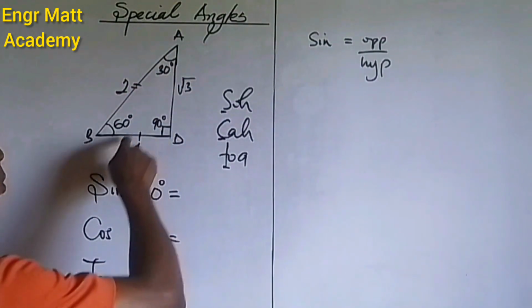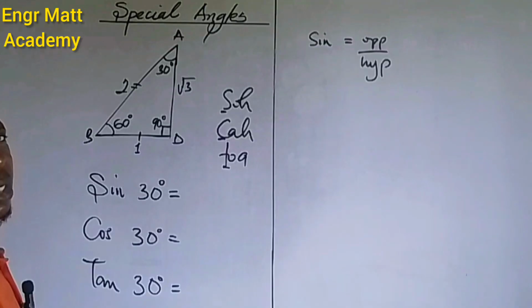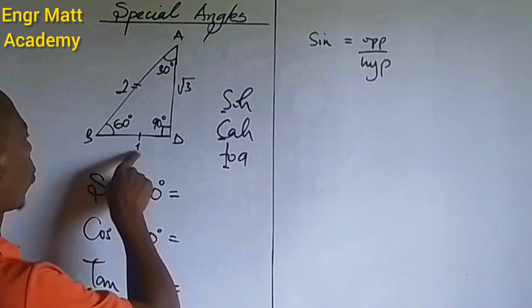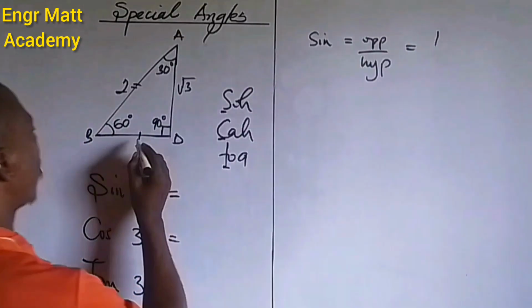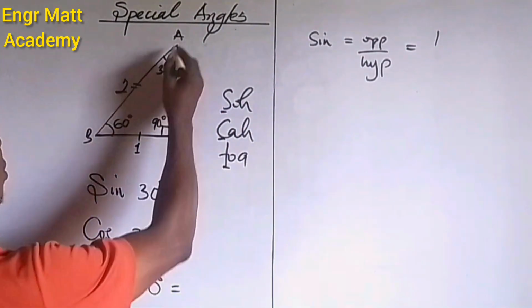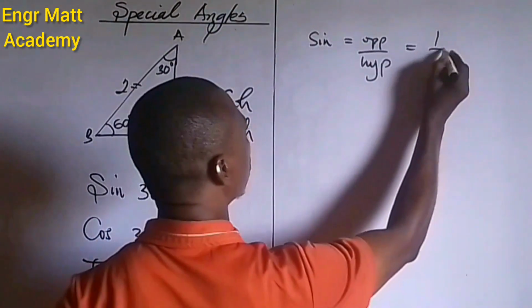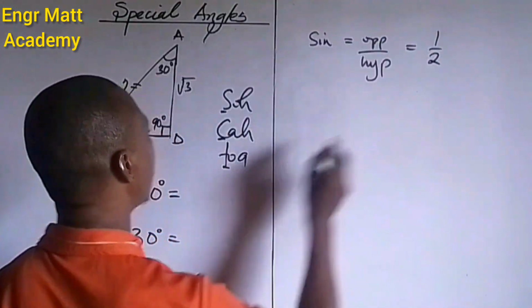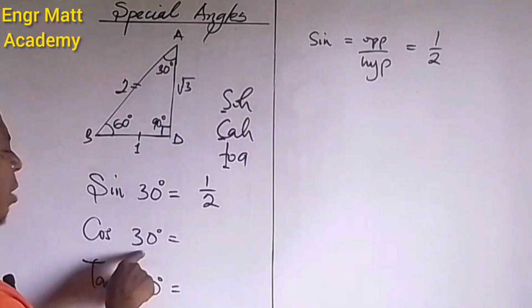If you trace it down, BD is opposite to angle 30 degrees. So the opposite is 1. What about the hypotenuse? The hypotenuse is the longest side in a right angled triangle. So this side AB is the hypotenuse, and it is 2. So sine 30 degrees is 1/2.